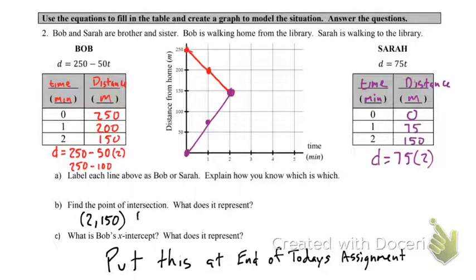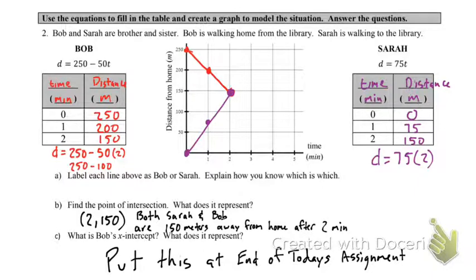It represents both Sarah and Bob are 150 meters away from home after 2 minutes.